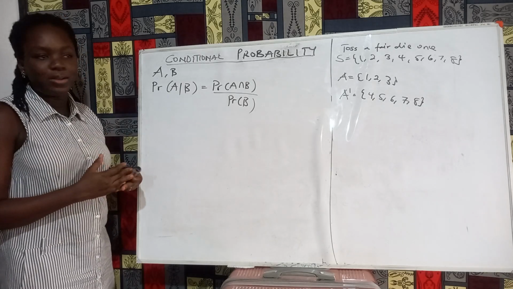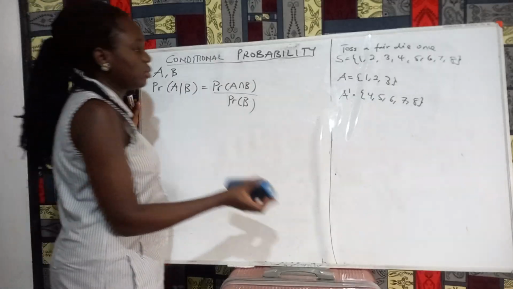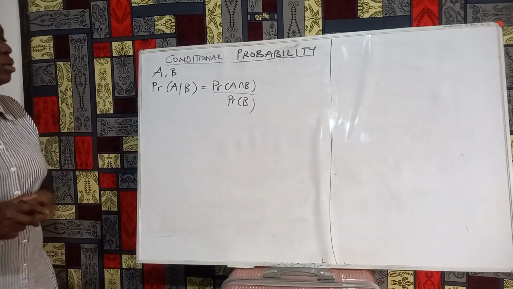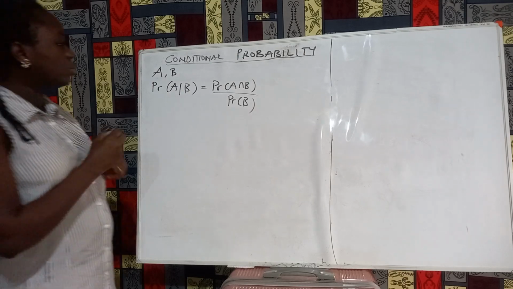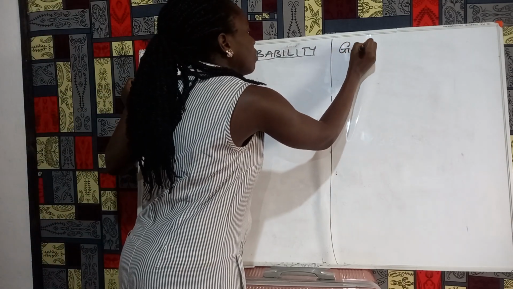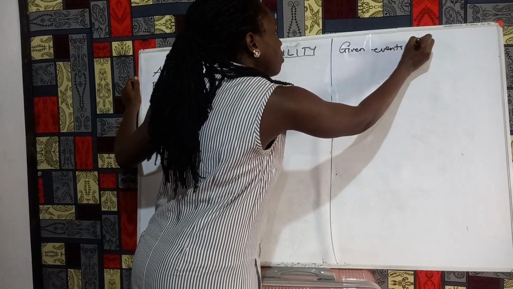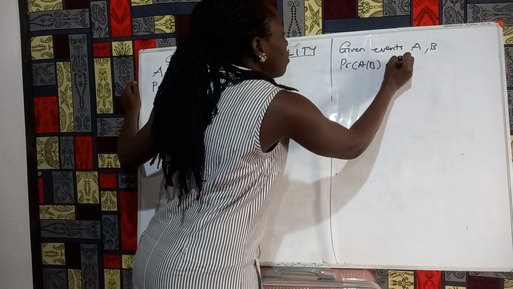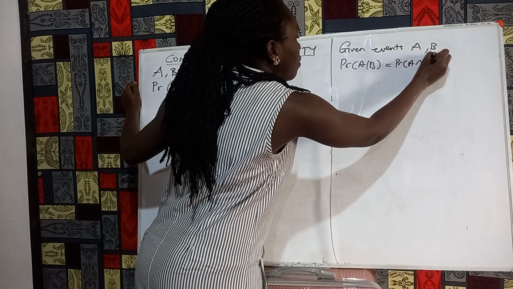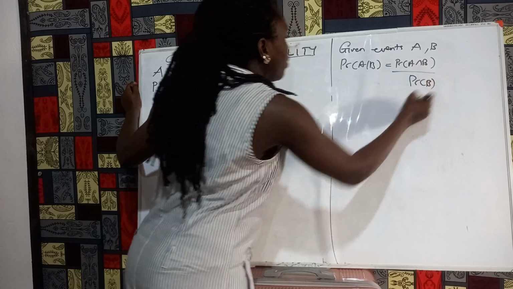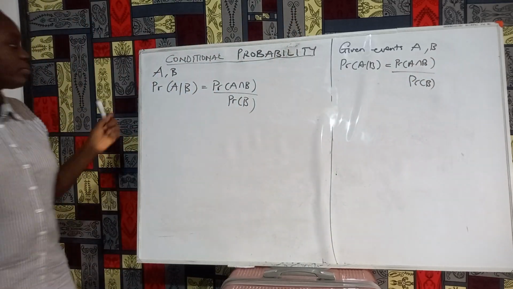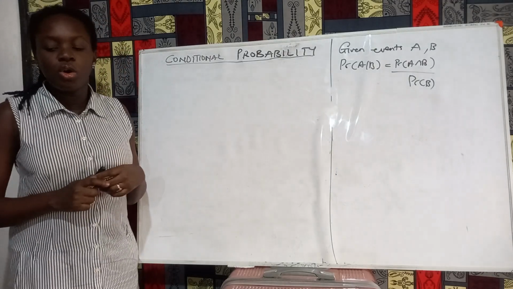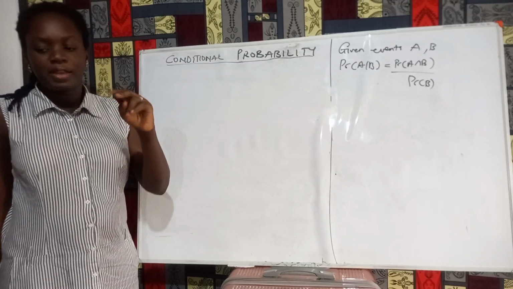Let's take an example to ground our understanding. A student rolls two six-sided fair dice.